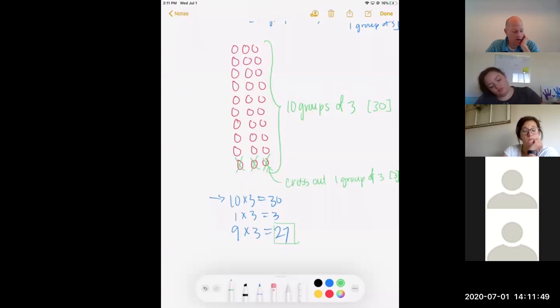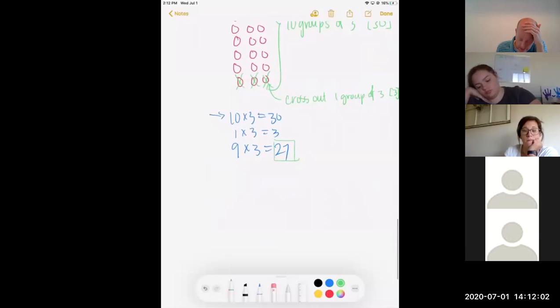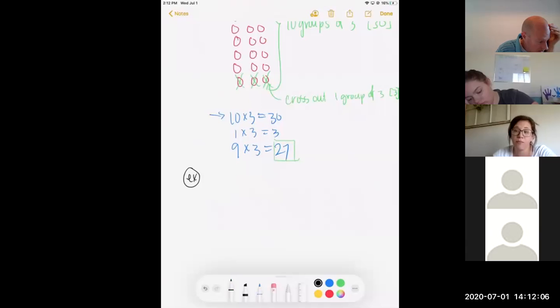Does everybody get the idea there? So let's go ahead and have you do an example with 9 times 5. You want to draw an array with 9 times 5. So I'll write the problem down, and I'll scroll back up. You guys try this one.